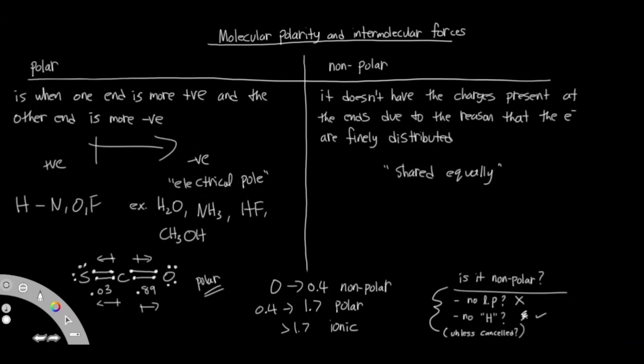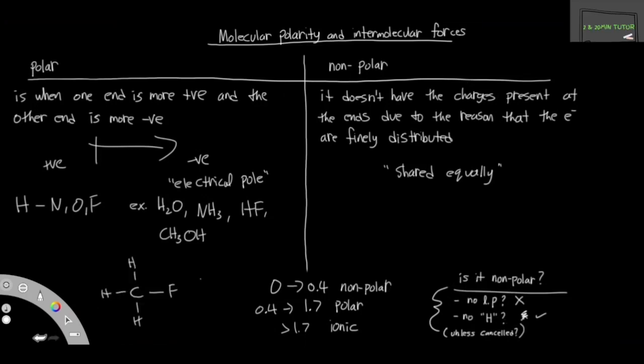Again, it's only nonpolar if both of these checklists are met. Look at the disparities here. We look at the electronegativity differences, and again, you can look at your periodic table. Look for the electronegativity of each of these elements, and you should be able to tell that the fluorine here is extremely electronegative.